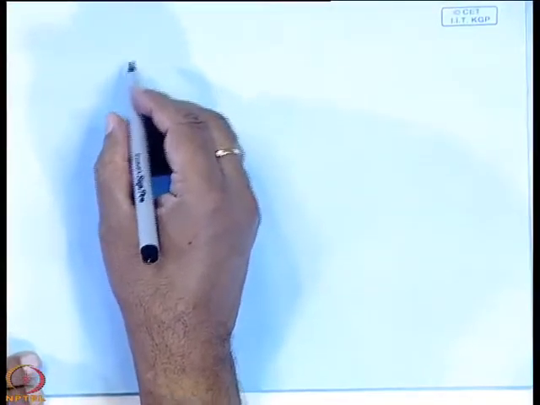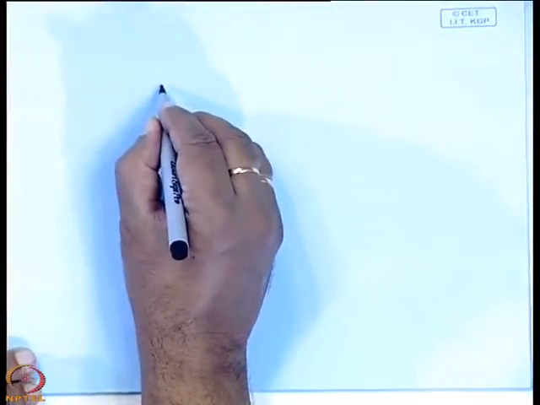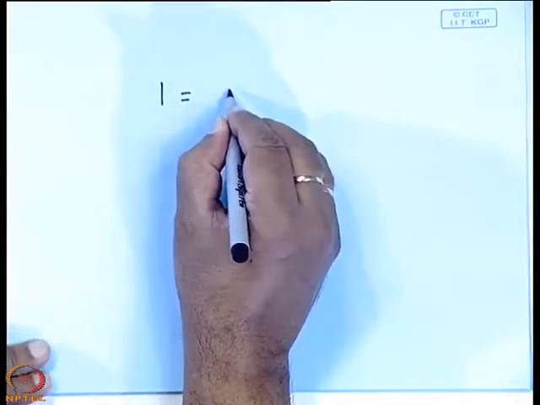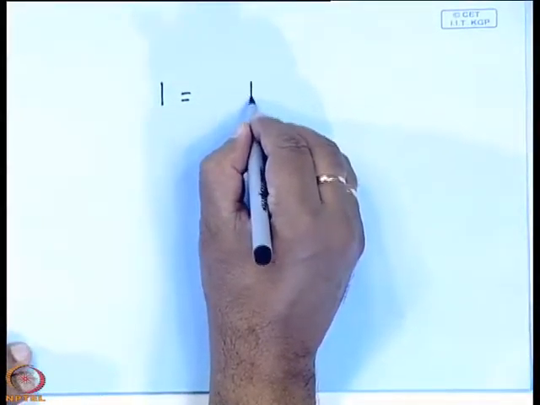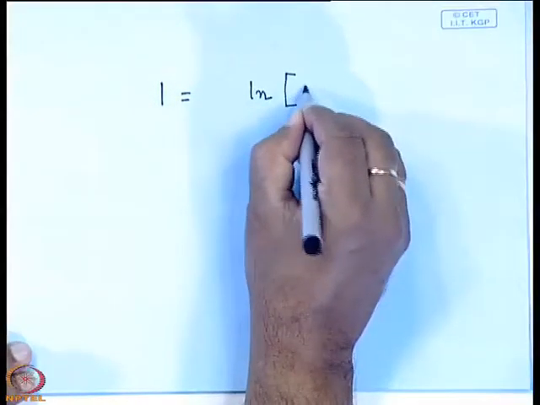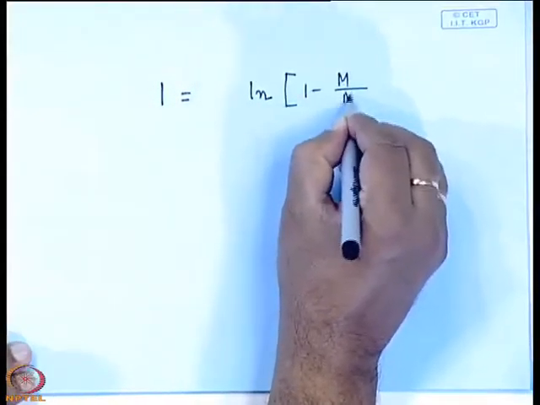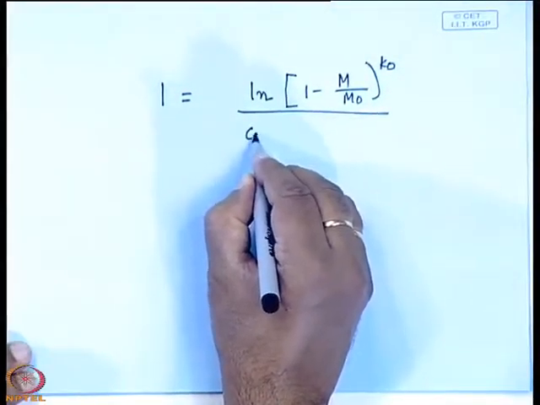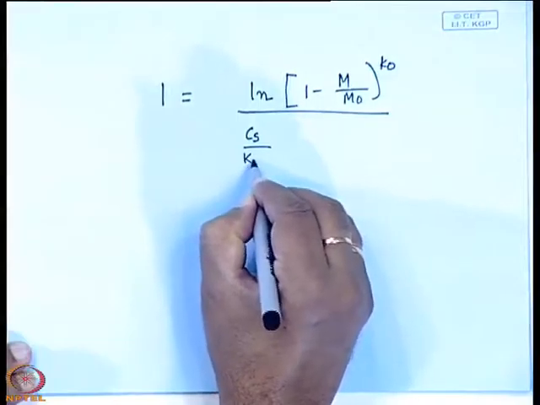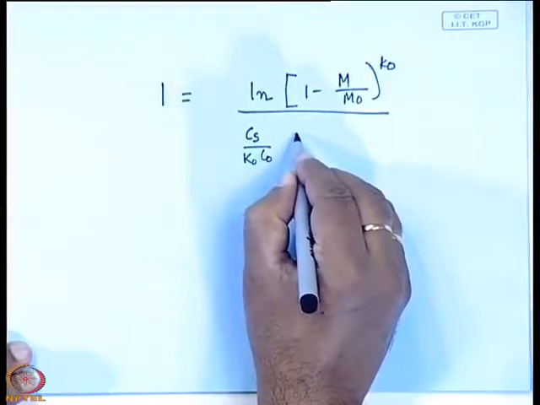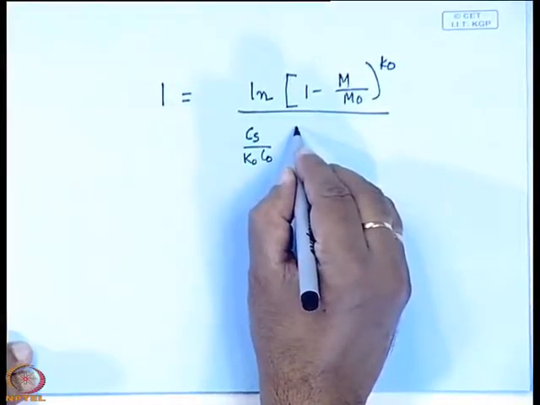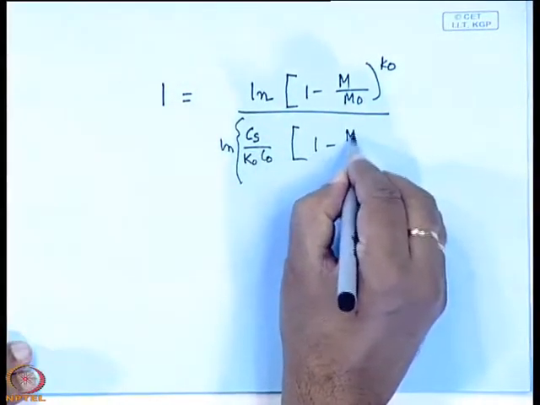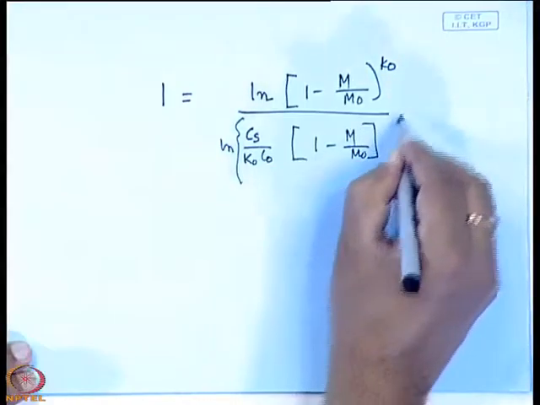Next, you can write 1 equals ln of 1 minus m by m0 to the power k0 by Cs by k0 C0, 1 minus m by m0.